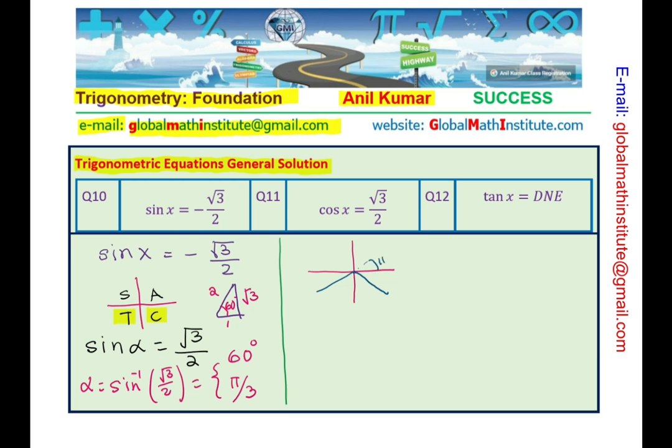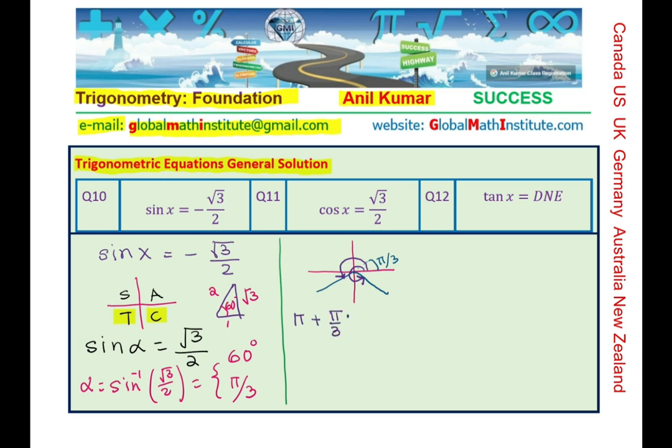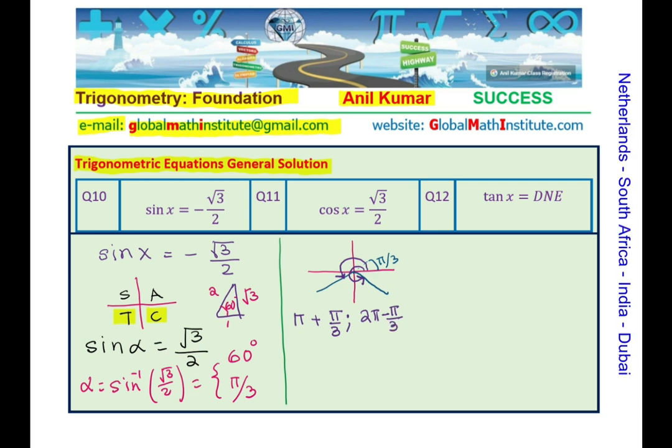It is not to scale. So the two solutions are this and this, correct? One of them is pi plus pi by 3 and the other one is 2 pi minus pi by 3. You get the whole idea, right?